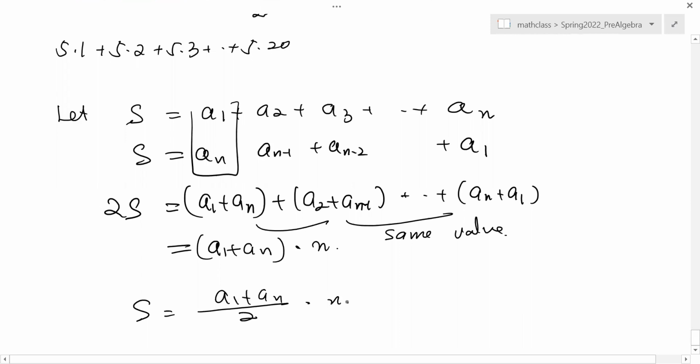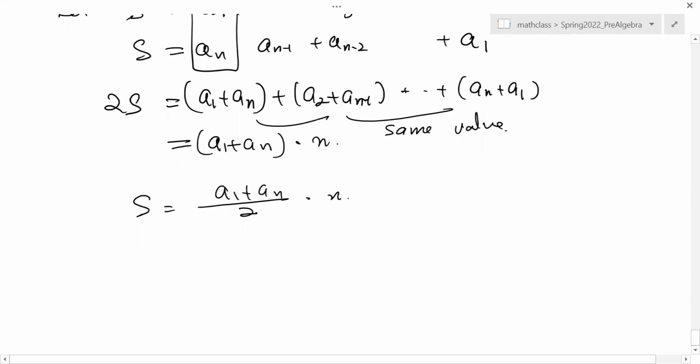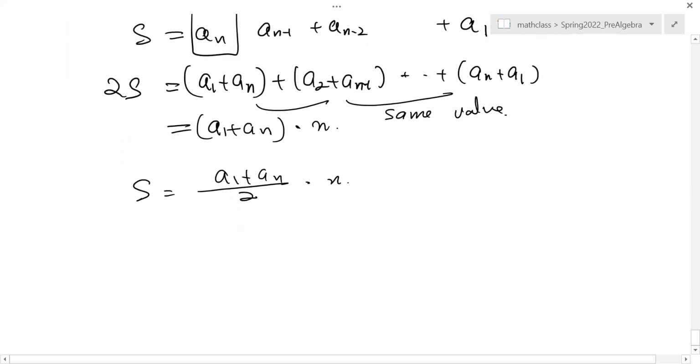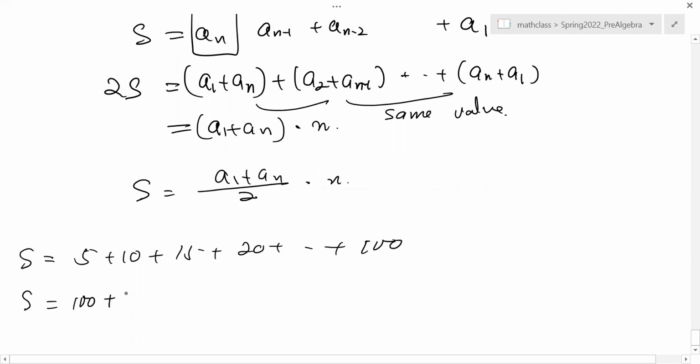Okay, we can look at the problem here, right? If you don't use that formula, just 5 plus 10 plus 15, right? Plus 20, all the way to 100, right? So you let S be that. Then you reverse the order. It's 95 and 90, and here's 85, reverse the order, and that's again 5.